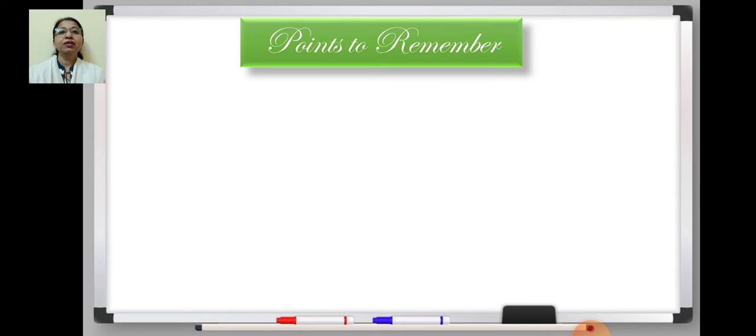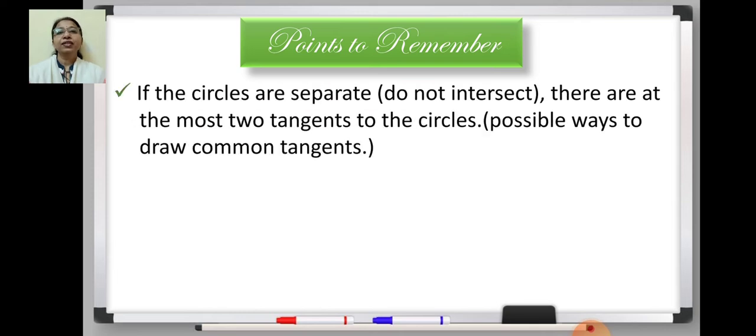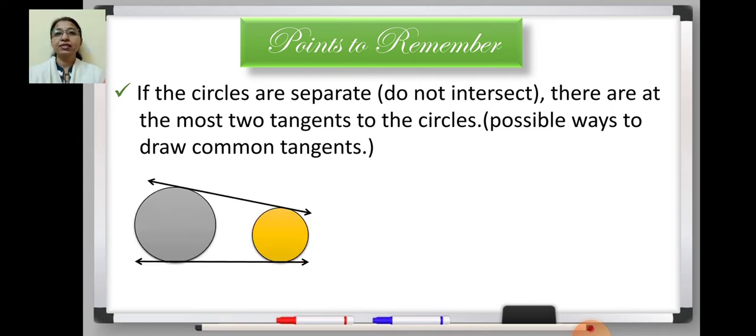Points to remember: if the circles are separate, that means if they do not intersect, there are at the most two common tangents to the circles. Let us see what are the possible ways to draw those two common tangents. You are given two circles which are disjoint.